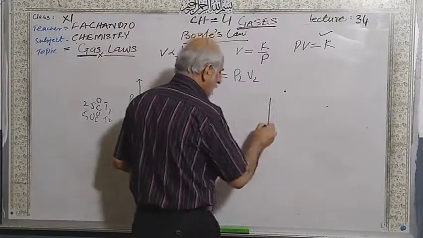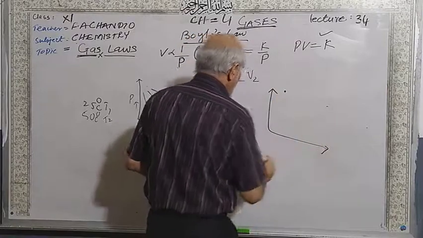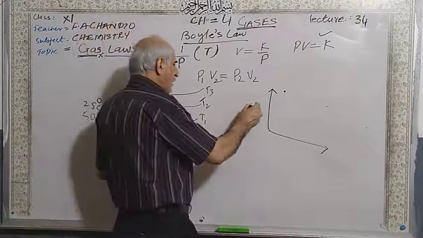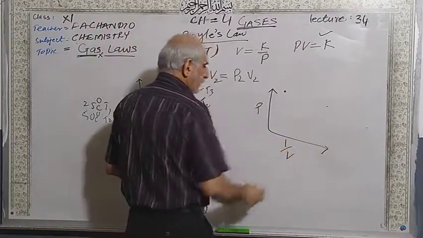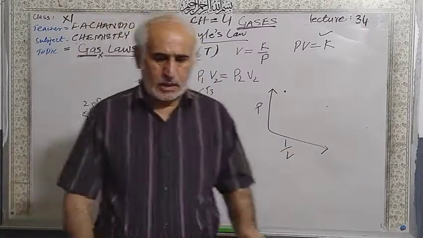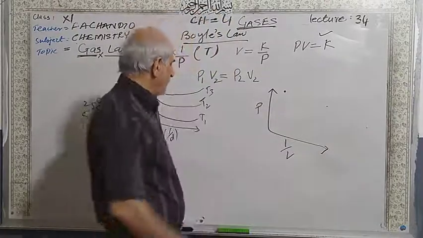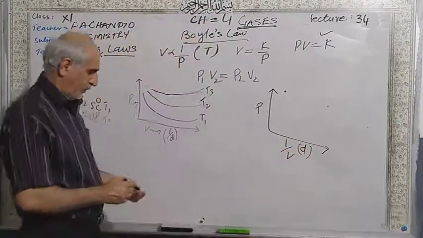But dear students, if you want to plot a graph of pressure against 1 over V, meaning density or 1 over V, this is according to Boyle's law.